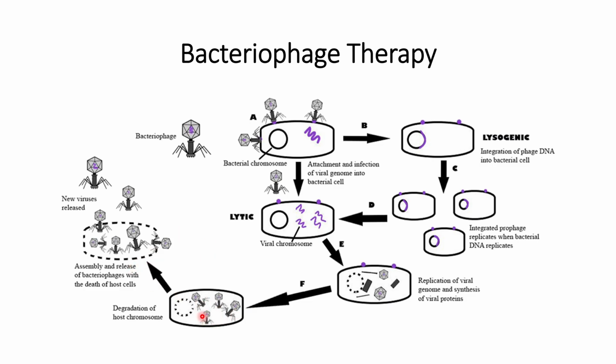At the same time, the gene of interest, the gene that is injected through the bacteriophage, will do its function to kill the cells, or signal the cells towards programmed cell death.